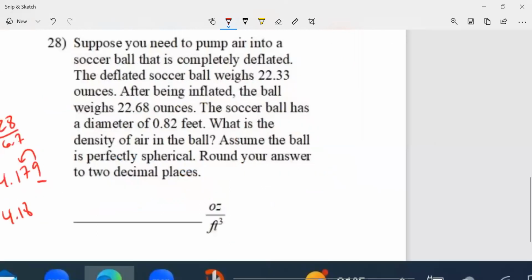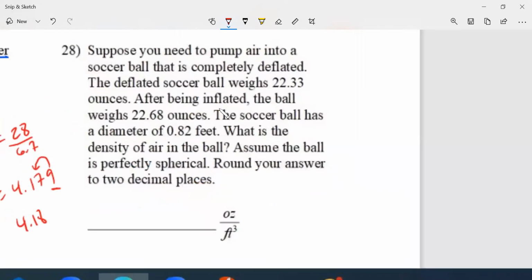Now let's take a look at number 28. Suppose that you need to pump air into a soccer ball that is completely deflated. The deflated soccer ball weighs 22.33 ounces. So interesting, this is just the ball by itself. After being inflated, the ball weighs 22.68 ounces. Okay, so 22.68 is the ball with the air.